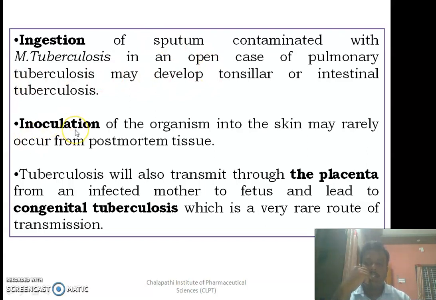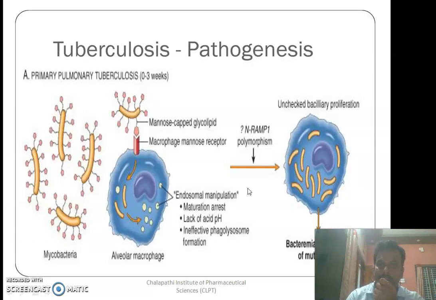Sometimes tuberculosis is transmitted from one person to another through inoculation, which is very rarely observed. Tuberculosis can also transmit through the placenta, from an infected mother to the fetus, leading to congenital tuberculosis, which is a very rare route of transmission.